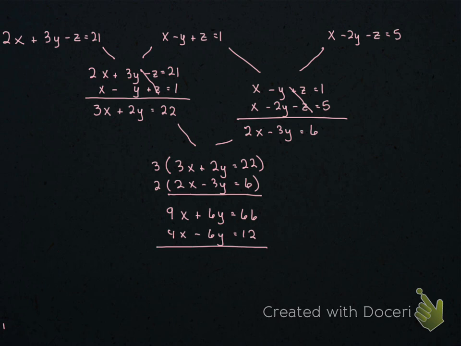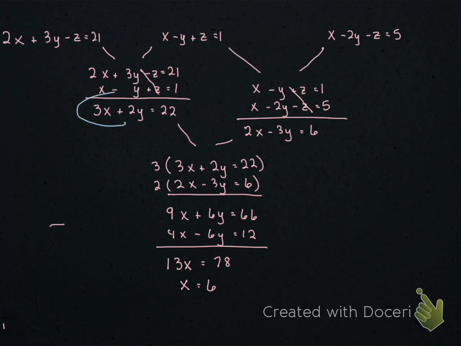Now my y's naturally cancel each other out, and I get 13x is equal to 78. Now let's see, 78 divided by 13 gives us that x is equal to 6. Now I'm going to start back substituting. I'm going to pick, first of all, a different color.